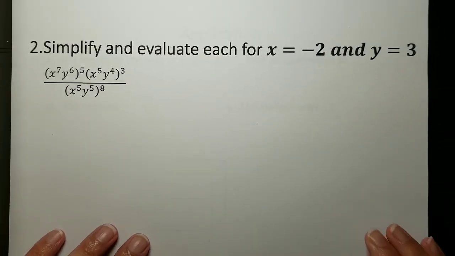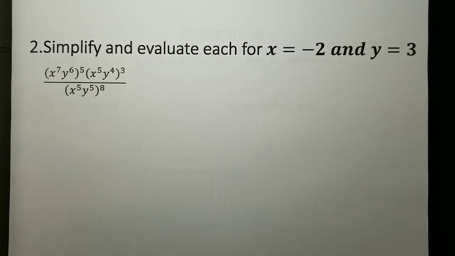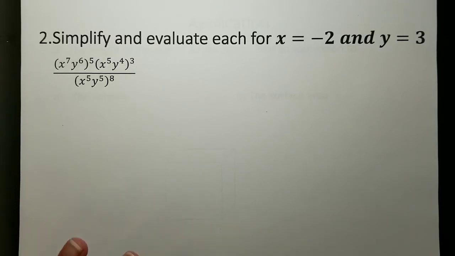We have another example where we have to simplify and then evaluate. So here again, you always want to make sure that you're simplifying as much as possible. We don't want to go putting in x equals -2 and y equals 3 in this big messy question. We want to simplify it as much as we can and write it in an easier form before we go and substitute in those numbers.